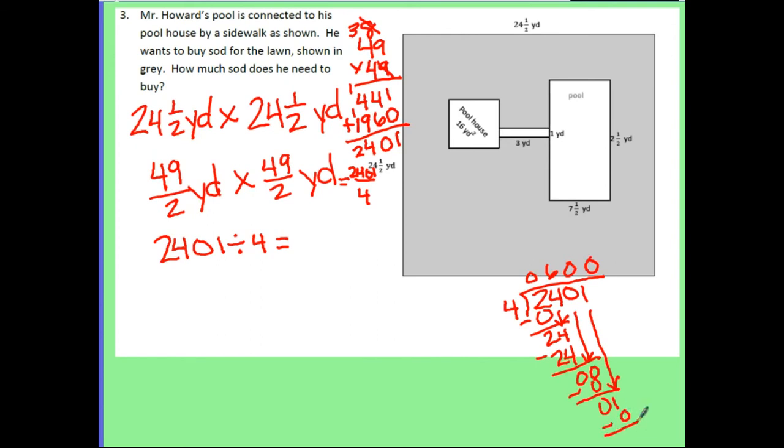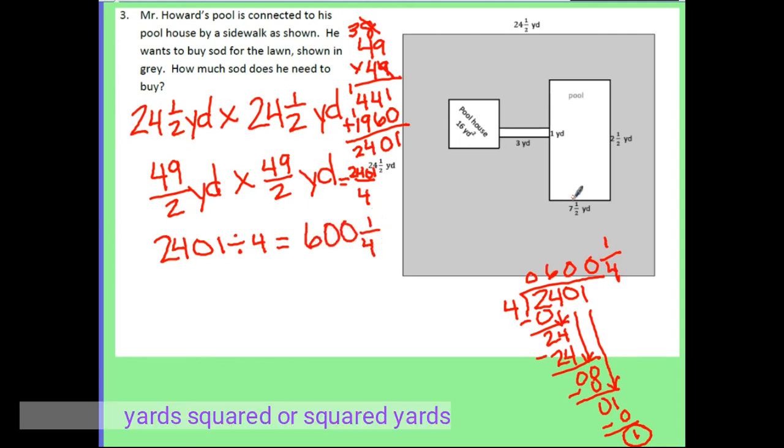So I'm left with a remainder of 1, which I'll use in my fraction up here. And if my denominator is always my divisor, then my divisor can become my denominator. So this is going to equal 600 and 1/4 square yards, but that's not all of the problem.